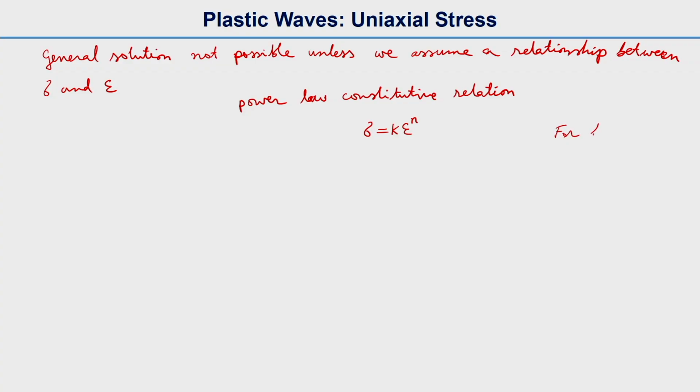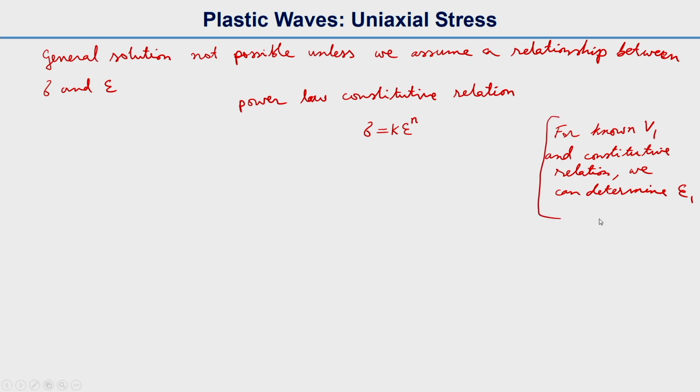So, basically what we want to do from here is, for a known V1 and the constitutive relation which we have just written here, we can determine the strain epsilon 1.